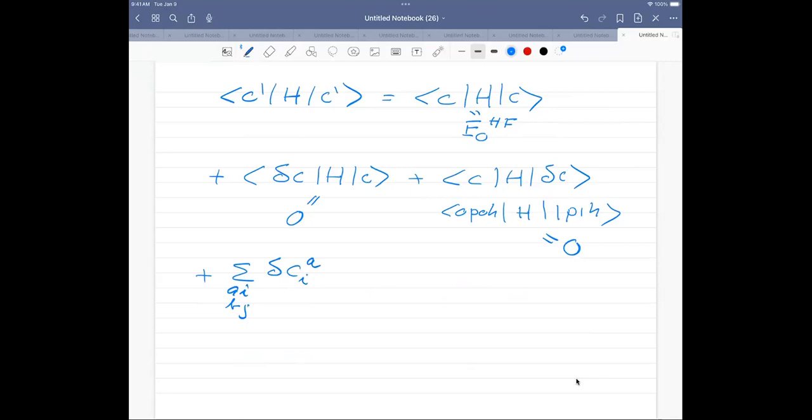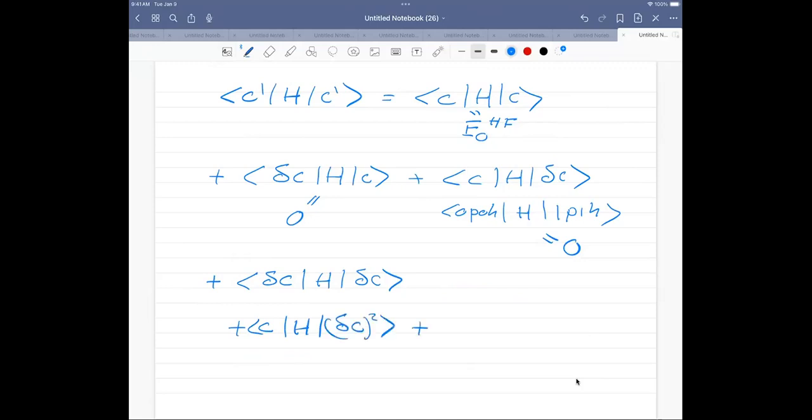Let me just write them, keeping this general way of writing them, because then you see it a little bit easier. So we will get plus delta C of H with delta C. And then we are going to get a C with H of delta C squared plus the Hermitian conjugate, which is a delta C squared of H with C. And we are truncating at second order because we truncated the wave function at first order.